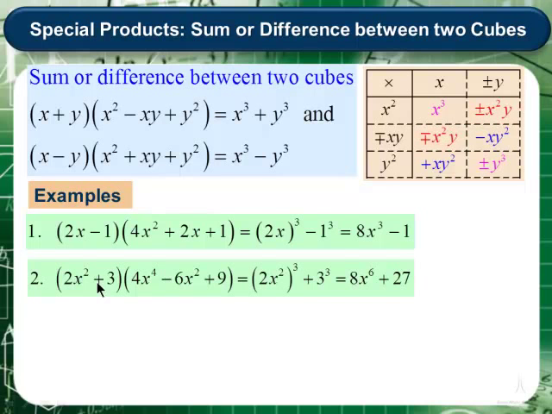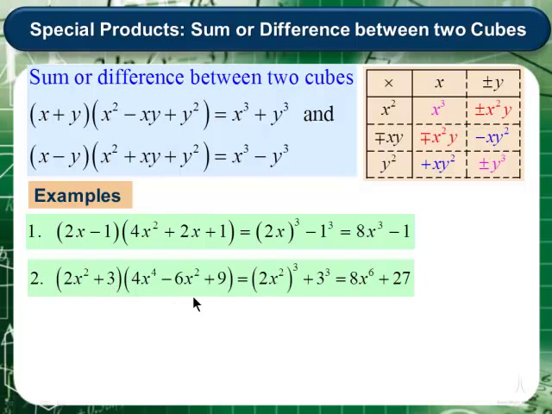In example 2 we have a similar situation, but in this case we have a plus with the binomial, and the middle term for the trinomial has a negative. And we also notice that the first term on the right is just the square of the first term on the left. The final or third term on the right hand side factor is the square of the second term from the left hand side factor.